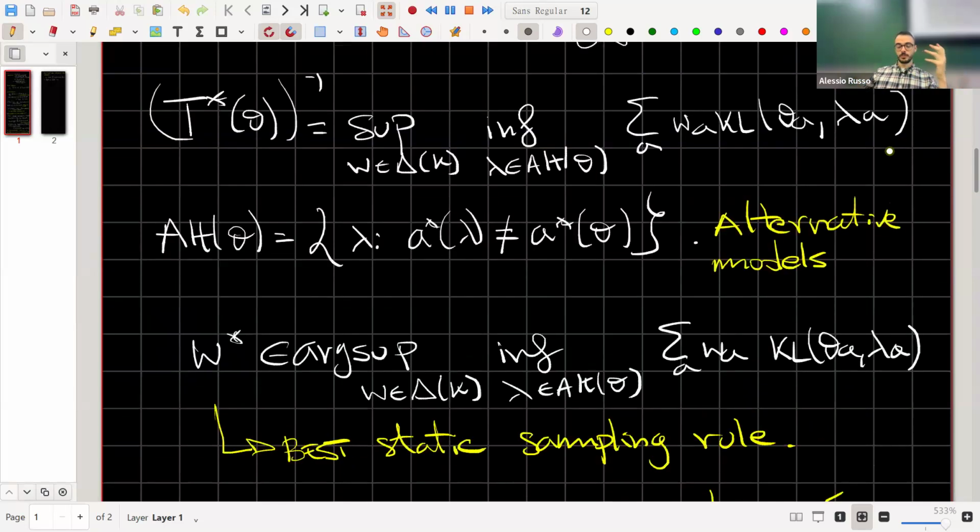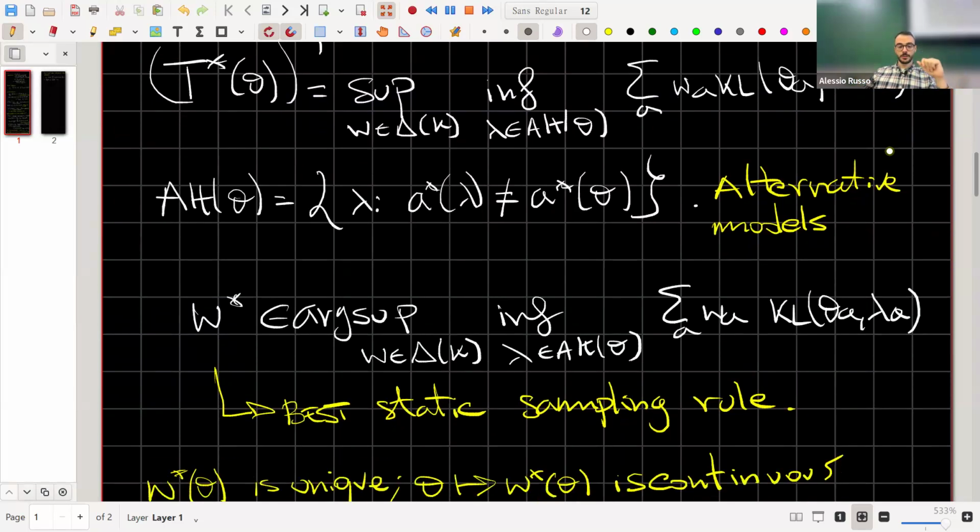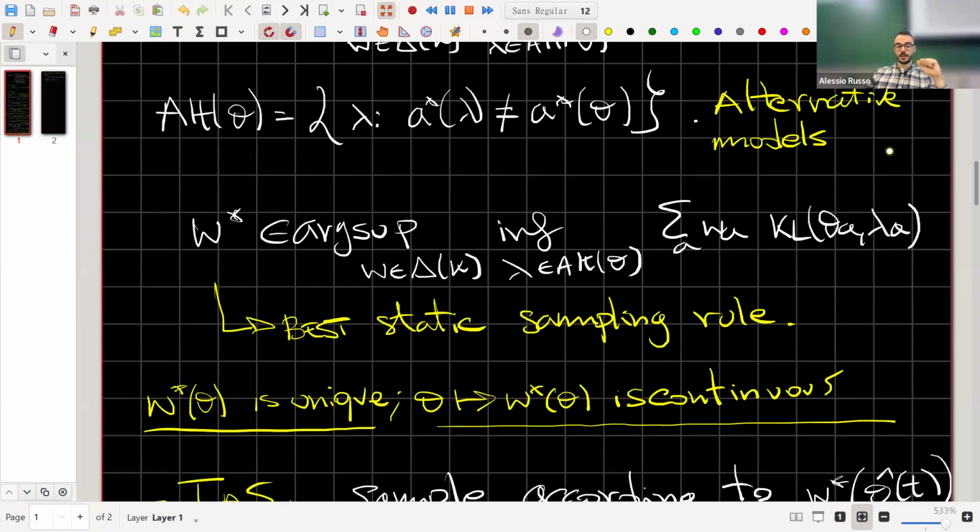And we have a number of properties. If we denote by W star the solution, which is the best static sampling rule, we know that W star is unique. And also we know that the mapping from theta to W star theta is continuous.